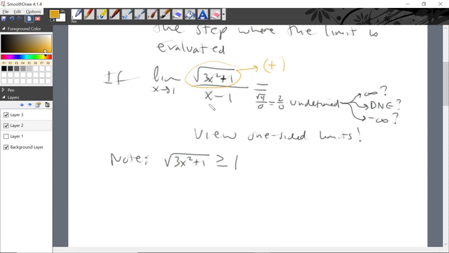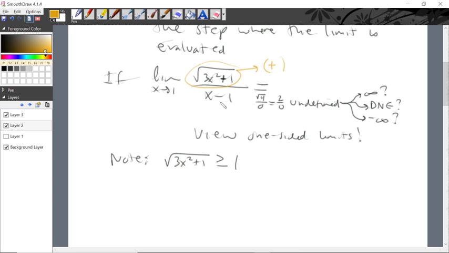So the actual sign of the ratio for this example is completely determined by what the denominator happens to be doing. If the denominator is always positive when we run this limit, then we'll have a positive over positive. If we divide a positive 2 by a really small positive number, we would get a really large positive number and the limit would be infinity.